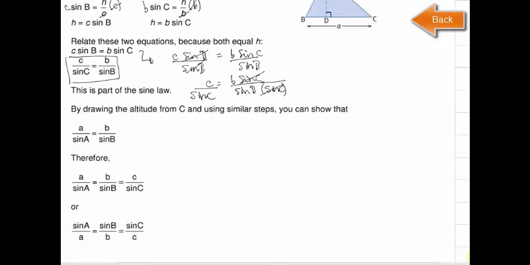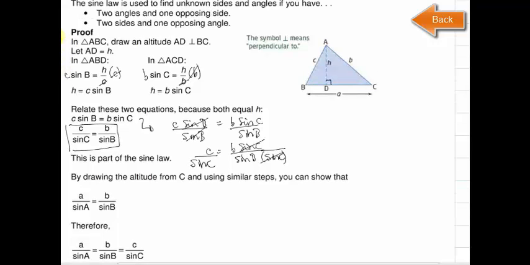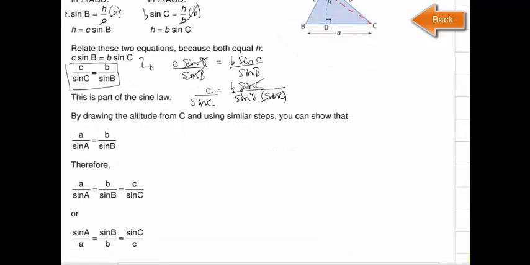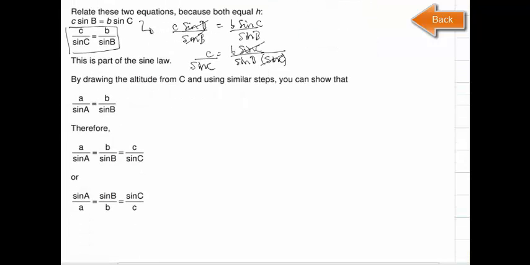Okay, and if you draw the altitude from C and use similar steps, what that means is if you take your triangle from here and you draw an altitude from C to AB and go through the same steps that you did up here where you had triangle ABD and ACD, then you can come up with A over sine of A equals B over sine of B.